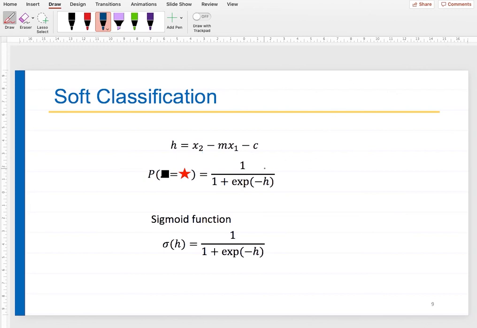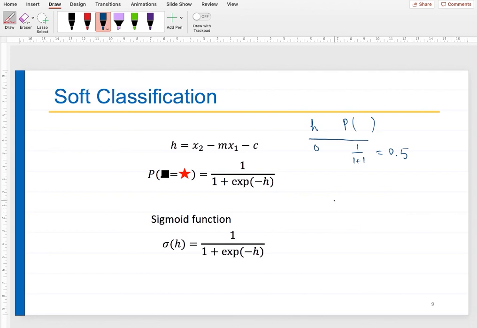When h is 0, what is the value of p? It is 1 upon 1 plus 1, which is half. Which means I am completely uncertain. It could be a rose or it could be a lotus, and my chances are 50-50%.